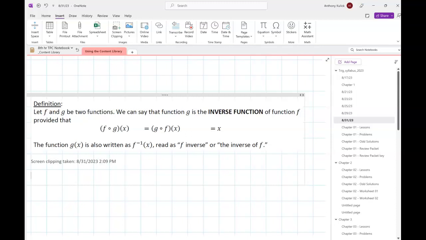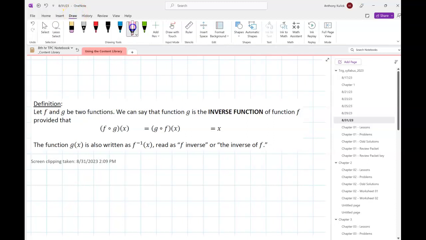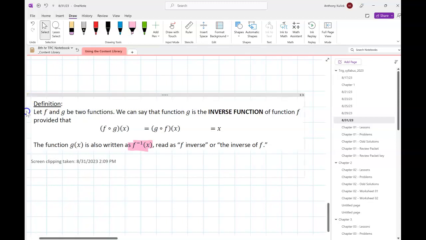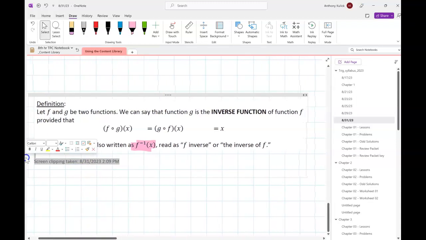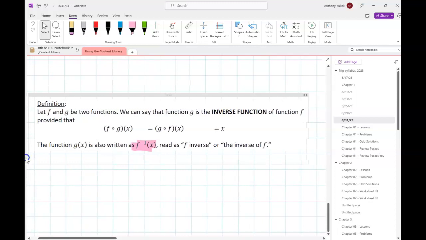We read this all as one thing. We read that as f inverse. That does not mean f to the -1. Again, that hurts my ears. That's all one name. That's read as f inverse. It does not mean f to the negative 1 power. If you remember what the negative 1 exponent means, it does not mean that here. It just means the inverse of f.